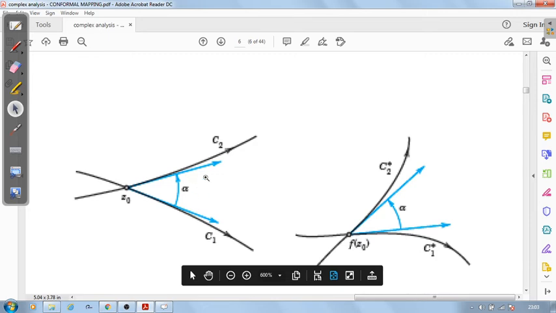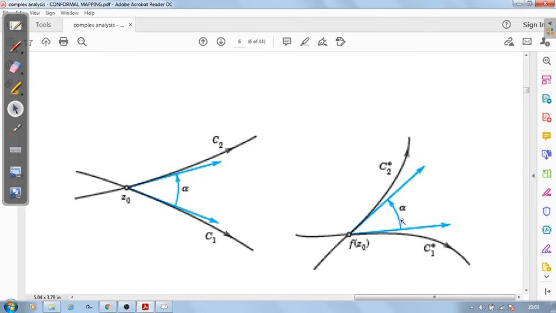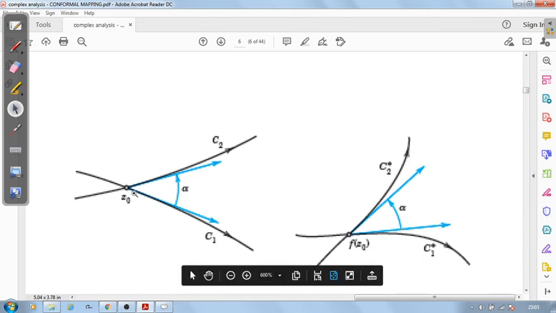If you are measuring from C1 to C2 in the image plane, the w plane, you should measure the angle from C1 star to C2 star itself, and you should get it as alpha itself. And this should be true for any pair of curves that pass through z0. Then we say that the map is conformal. Now, conformality is a property of the map w equal to f of z, as well as a property of the point z0.